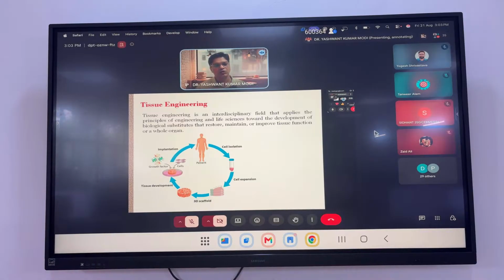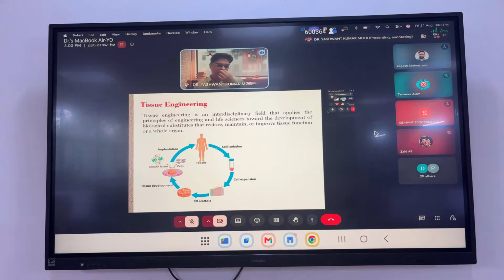Then they are allowed to grow in the presence of certain growth factors inside the laboratory or inside the body itself. And then if it is grown in the laboratory, it is implanted inside the human body at the end. If it is already inside the human body, then there is no need to implant it again.